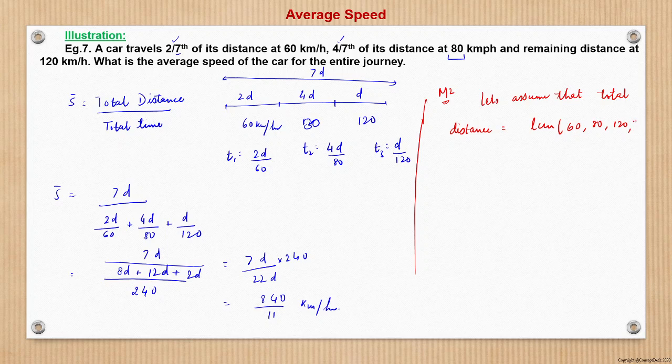By bringing 7 here, we'll get a distance which is a multiple of 7. So all the fractions would cut off.